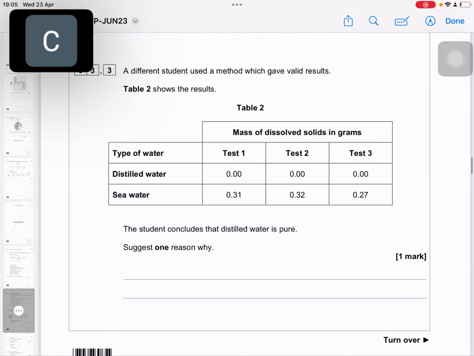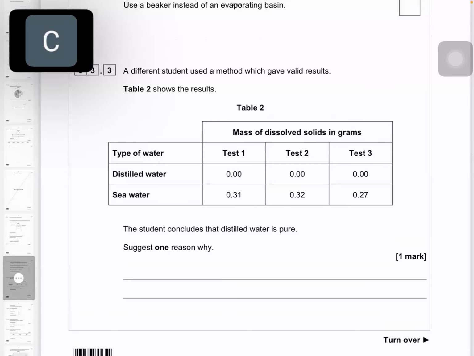Another reason would be that pure water boils at 100 degrees Celsius, but since it's not mentioned here, let's not make any assumptions. Let's scroll down and move on.